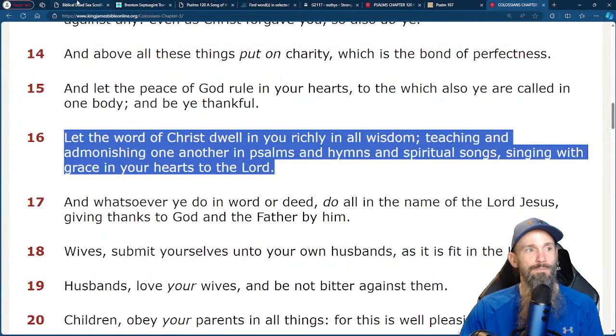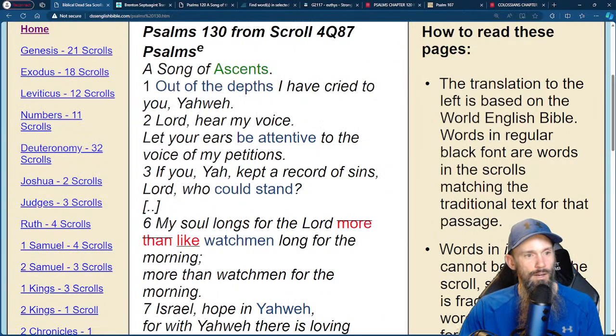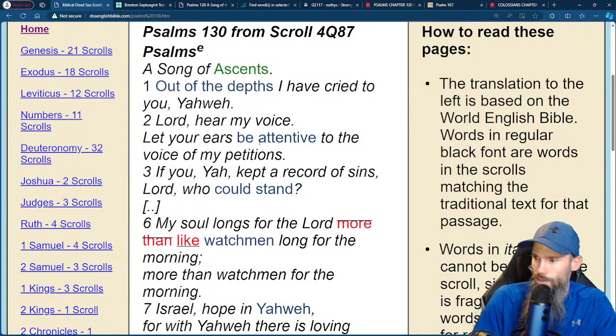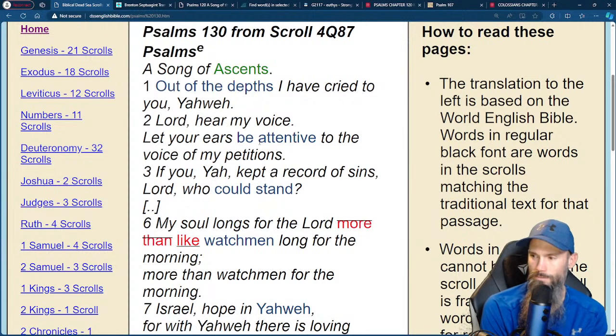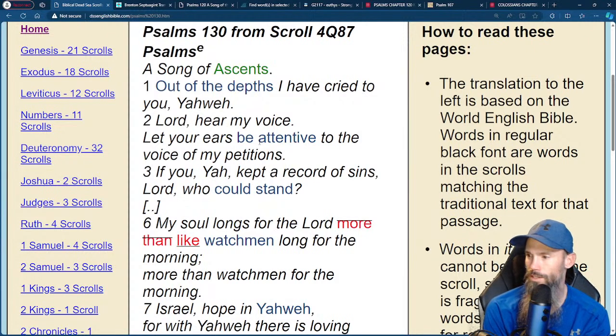So, pretty cool. For my study, Psalms 120 through 134 are pilgrim songs or songs of degrees or ascents. Yeah, in that Dead Sea Scrolls translation, they point out, I think, the ascents were grouped together.